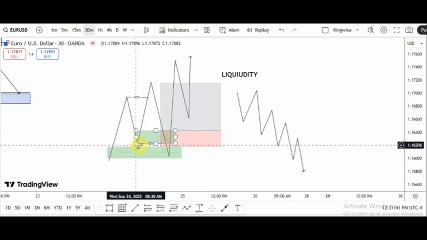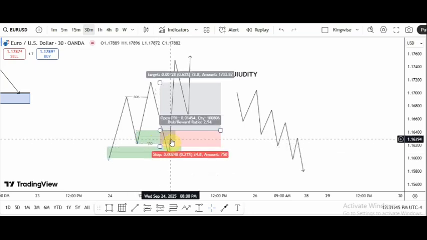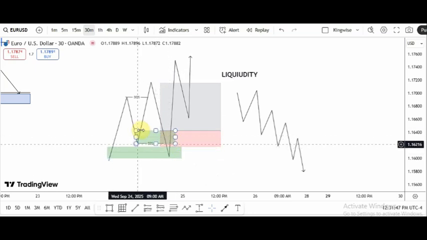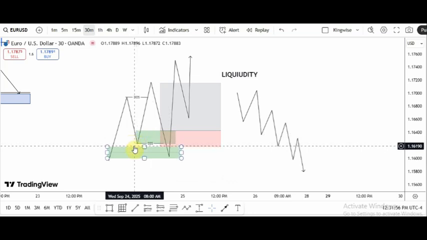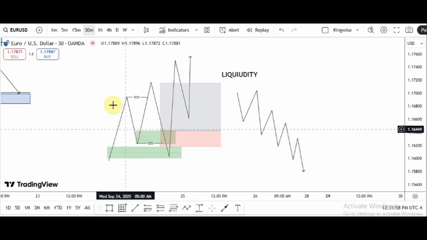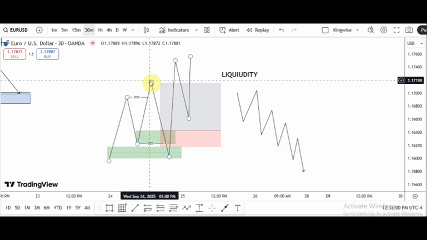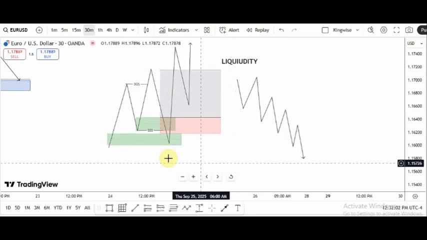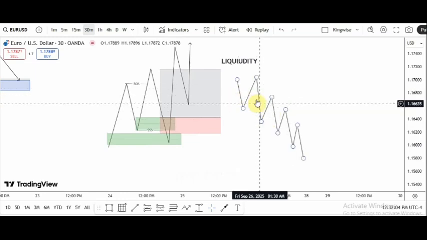They will use this as liquidity to push price higher. This is a higher low. So what I'm trying to explain is that you find liquidity in your higher lows, your higher highs, and your lows. For those that trade, the same thing happens in a downtrend.